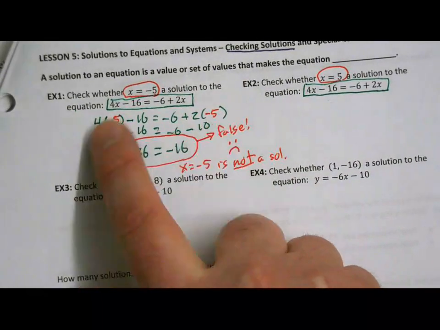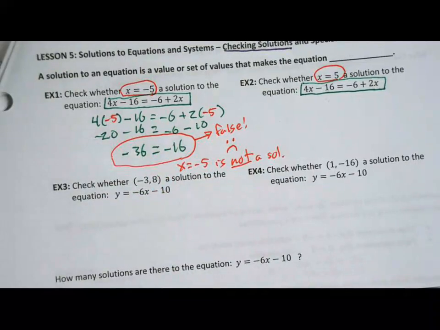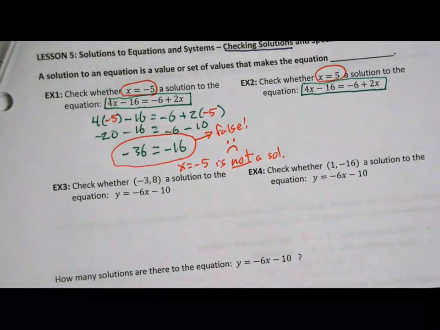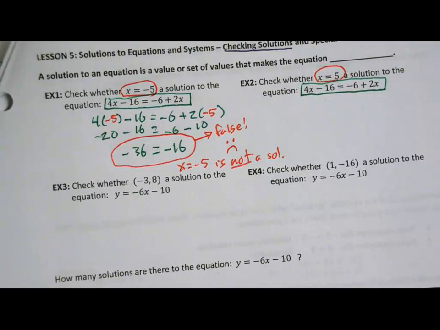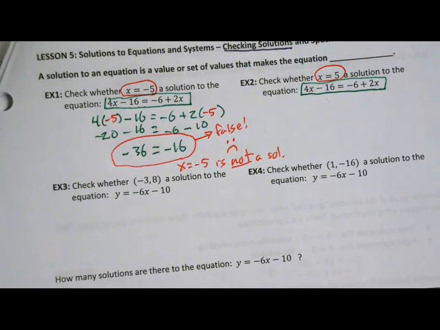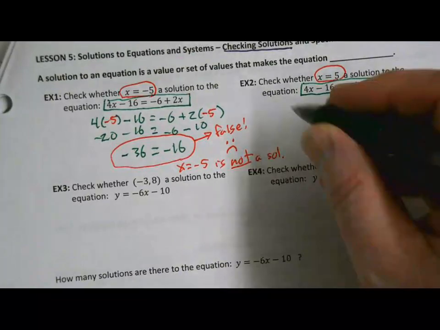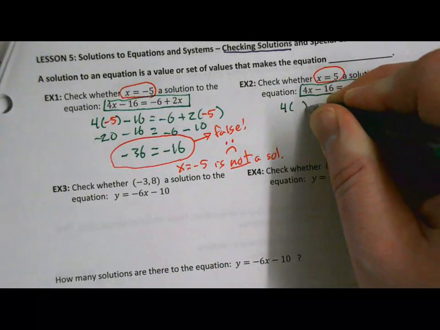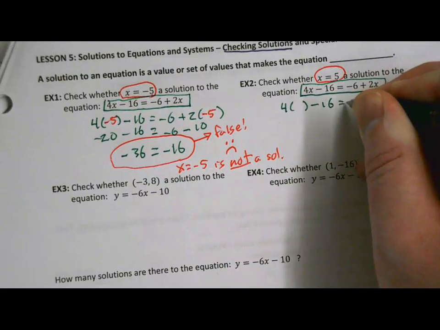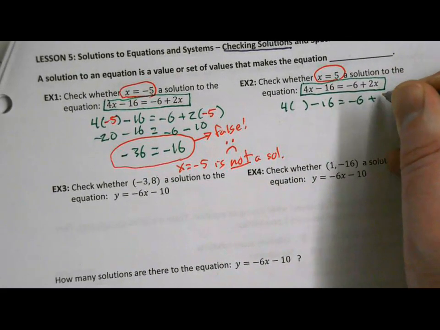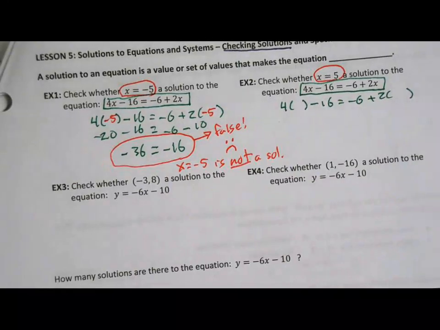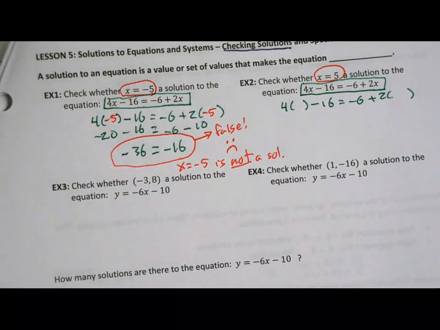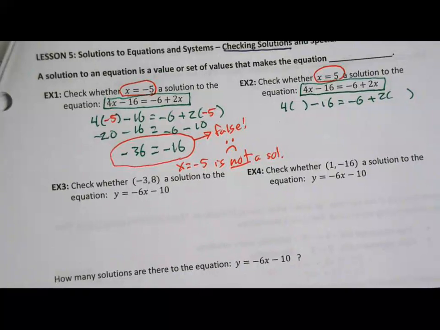Just put a +5 in place of the x instead of a -5. Go ahead and do that on your own. So write down the equation again. Leave a space for your x's. And this time put a +5 in place of the x's. And use your calculator or use your mental math skills, whatever, and get me a number on both sides.